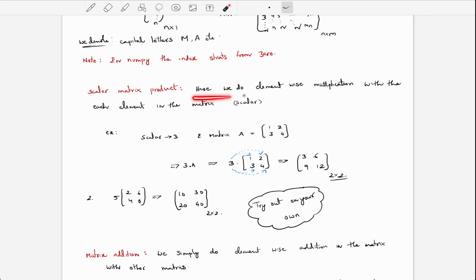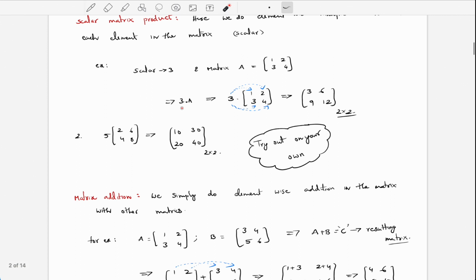Here we do element-wise multiplication with each element in the matrix. For example, if the scalar is 3 and the matrix has 1 2 3 4, we simply multiply these two.